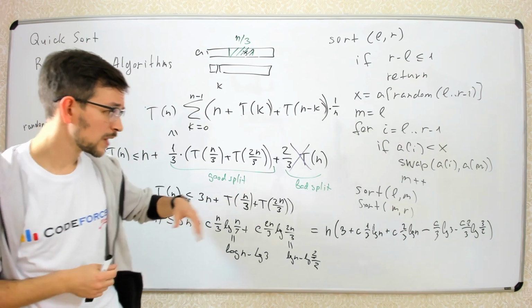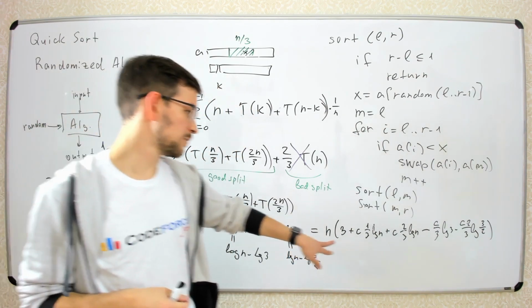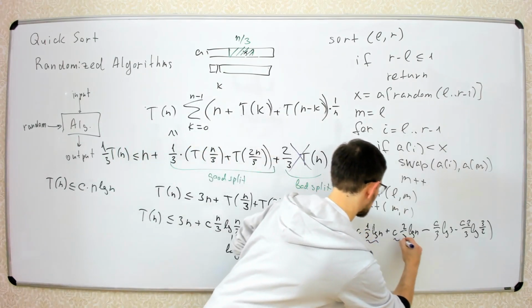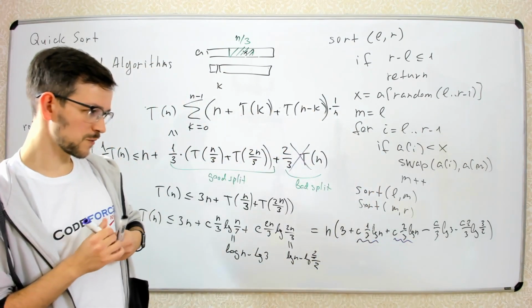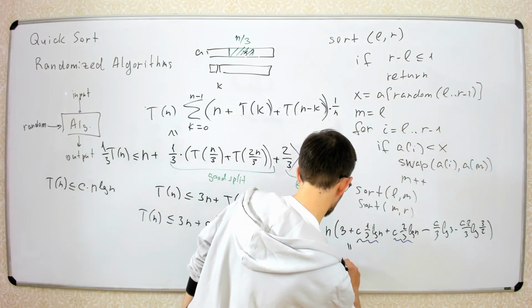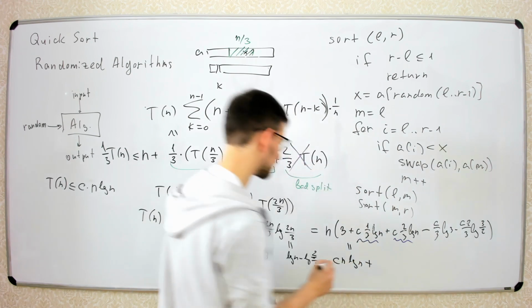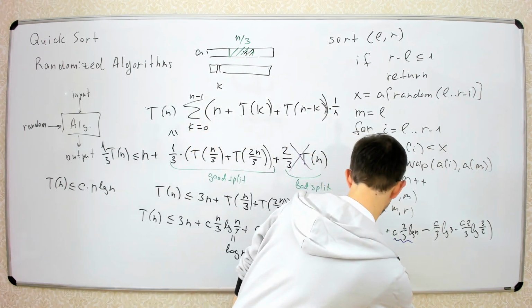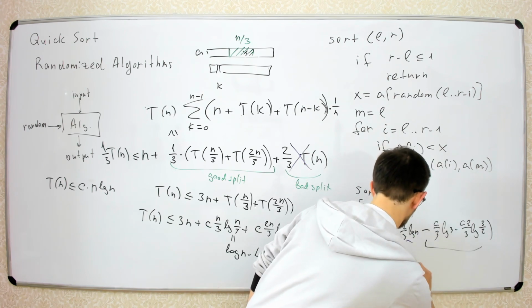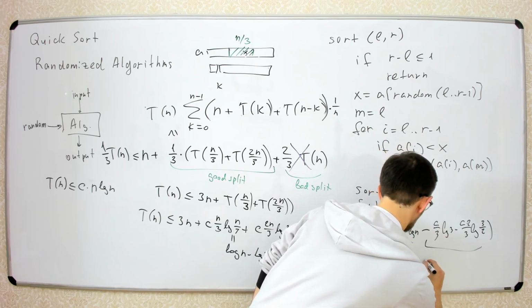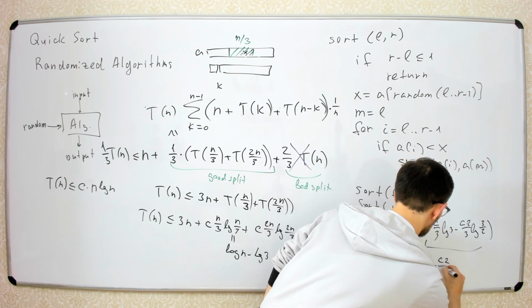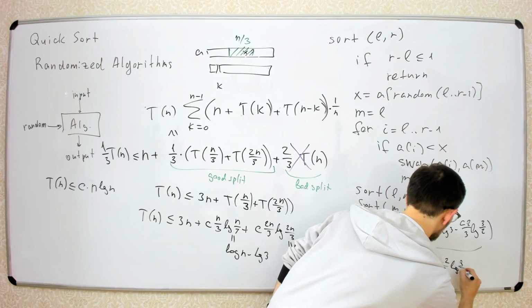Yeah, looks fine. So now we simply move these two close together. So the sum of these two is c multiplied by log n. So we have this equal to cn log n plus something like n multiplied by 3 minus this part, c/3 log 3, minus c(2/3) log 3/2.